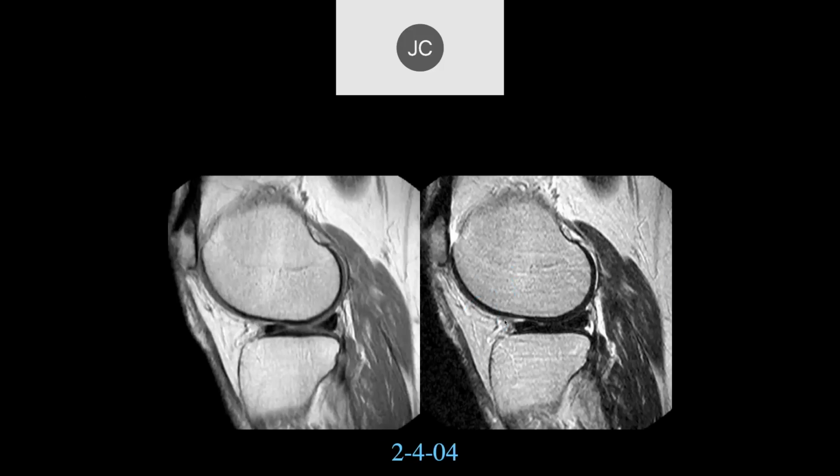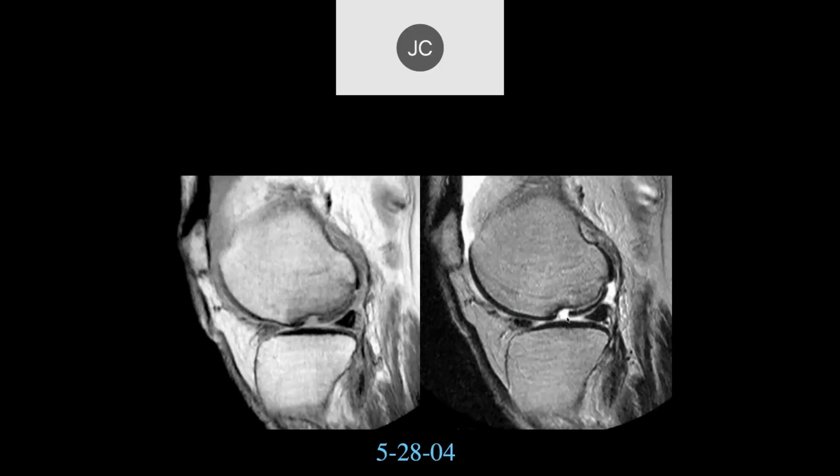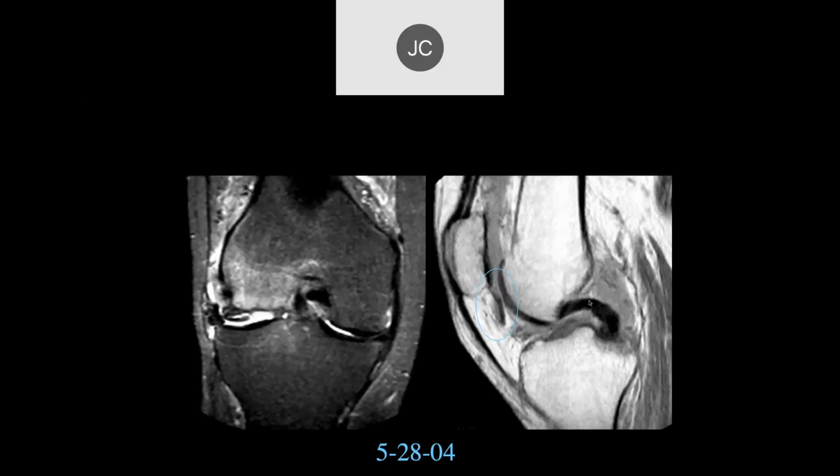Just pointing out that this was perfectly normal 3 months before, and now we can see that it really looks chronic. So these injuries can look chronic fairly rapidly after they've been around. And this is unstable, as you can see there. And here's a displaced fragment from that area.